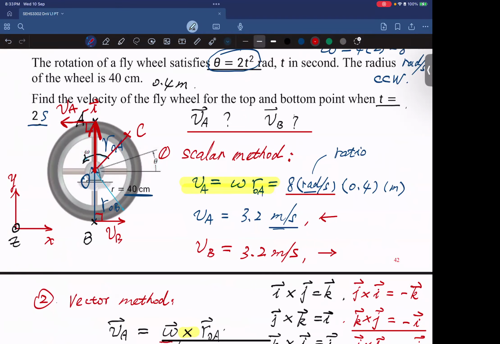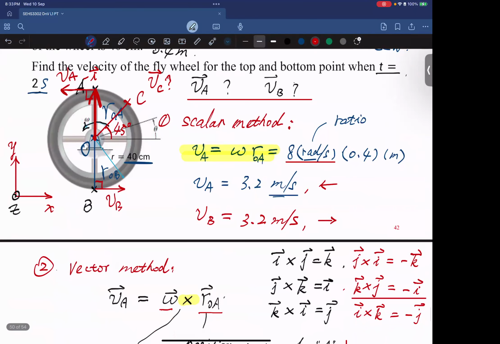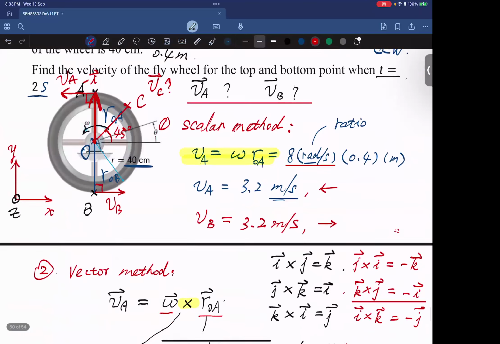If we link out point C, take this theta as 45 degrees. For point C, use the vector method to find v_C, to find v_C in vector form. Let's have a try. You can try it first before we do it together.